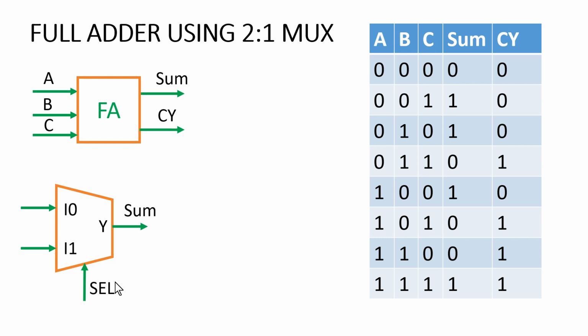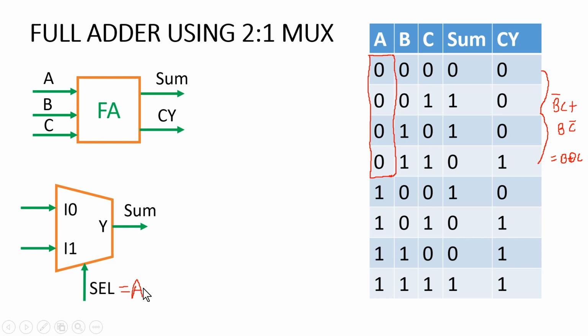Now if we see, when A is equal to 0, my value of sum is equal to B bar C plus B C bar, which is equal to B XOR C. So that means when the select line is 0, I0 will be passed at the sum, and sum is equal to B XOR C. So I need to apply B XOR C at I0. B XOR C I have applied at I0.